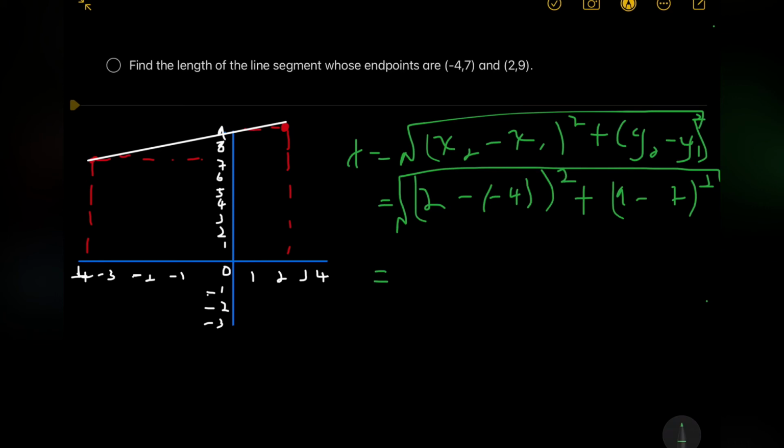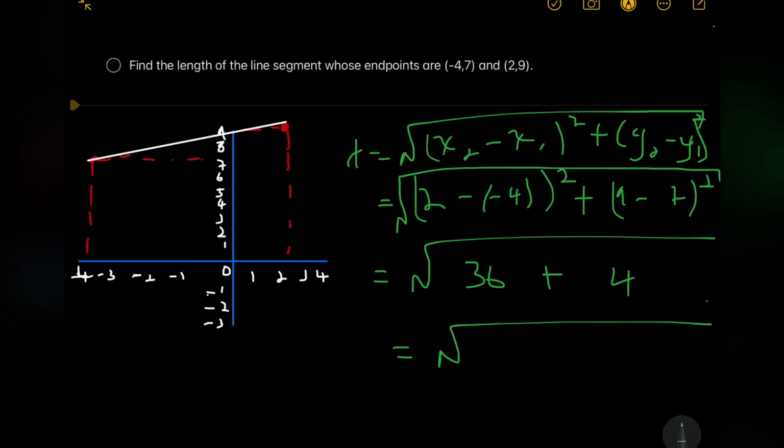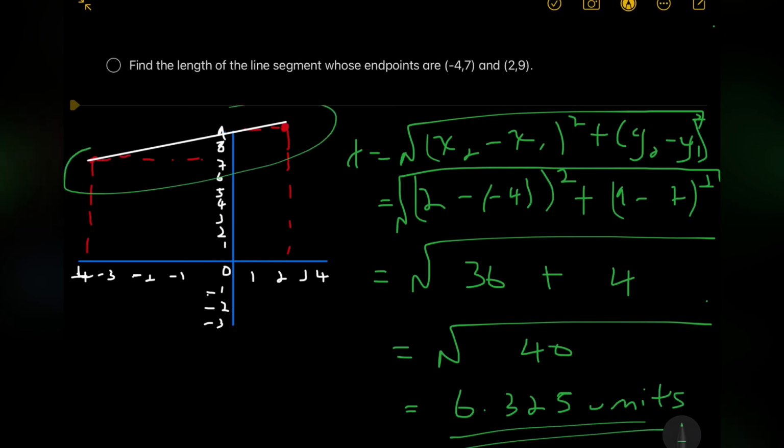This is squared. 2 minus negative 4 would be 6, and when we square that, we would get 36 plus 9 minus 7, and we square that, we get 4. When we add 36 and 4, we get 40, and we find the square root of 40, and we get 6.325 units. So this is the length of this white line here.